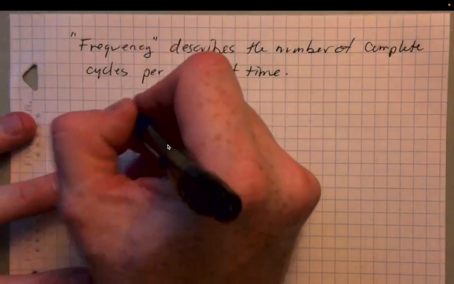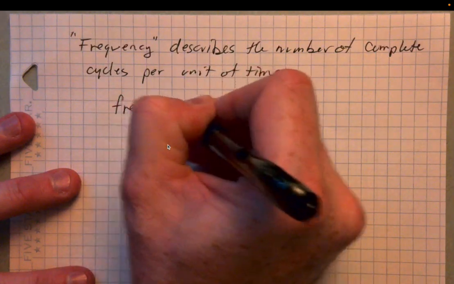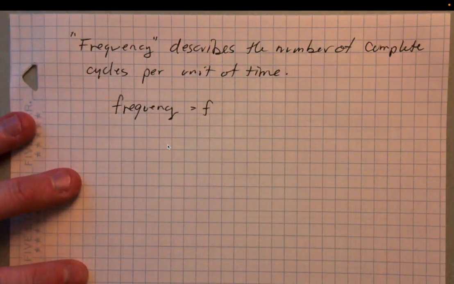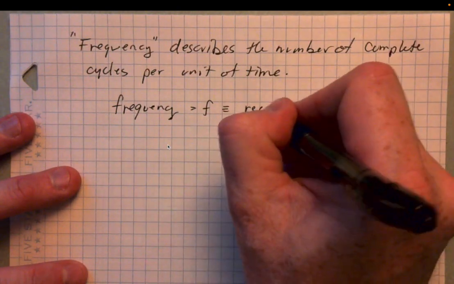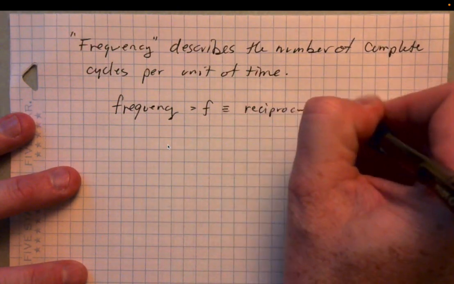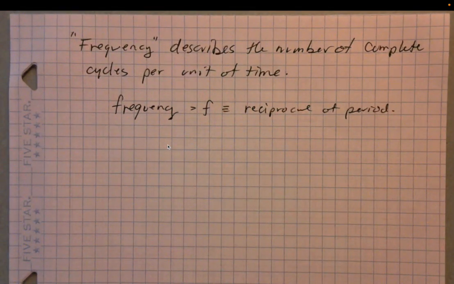Now, frequency, and we just usually denote it with an F, is actually the reciprocal of the period.